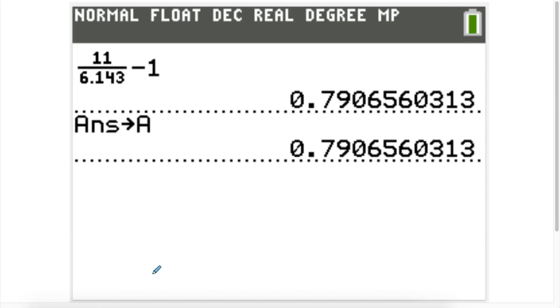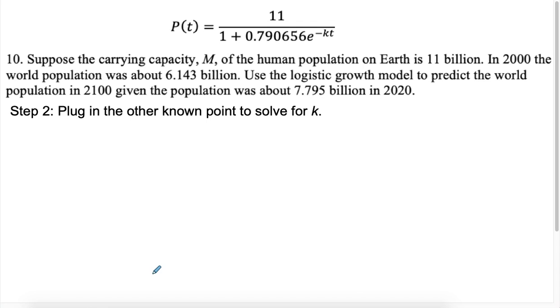Okay? So that 0.79 value is what our a value is. So we can write our equation now like this. Now I still don't know what k is. To find k, my second step is to plug in the other known point. So my other known point we already wrote down was the point (20, 7.795).